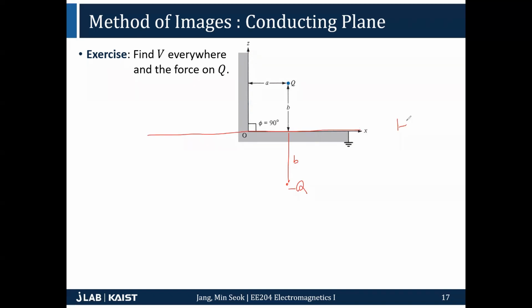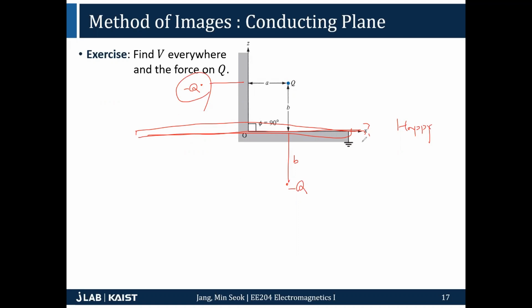But more seriously, if we look from the very beginning, putting minus Q here, the bottom boundary is happy, right? But as long as we put minus Q here, if you look at the bottom boundary, this is no longer happy, because due to the existence of another image charge, the charge balance has been broken.